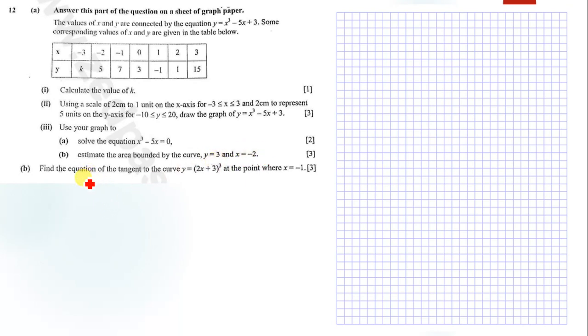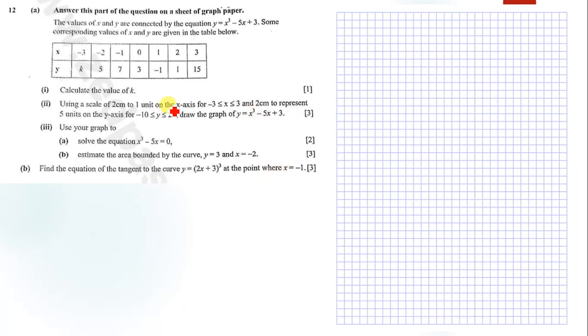And then there's also this other question which is just totally different from these. So I'm also going to solve it just to help you know how to deal with it.